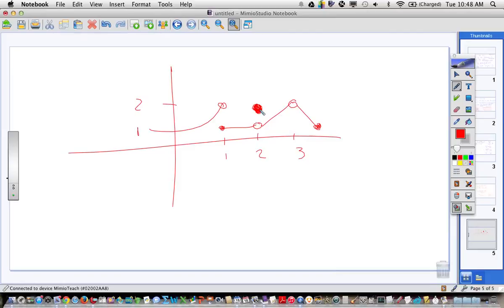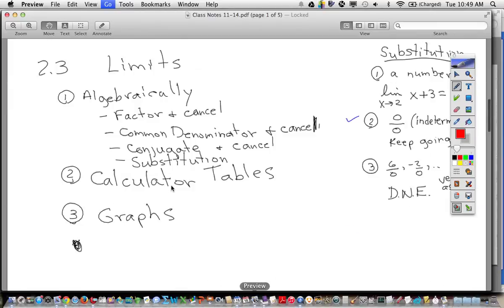Let's talk about continuous. Is this function continuous at 1? What's continuous mean? You don't have to lift your pencil. Is it continuous at 1? No. Why does it fail? You have to say more than because there's a break.